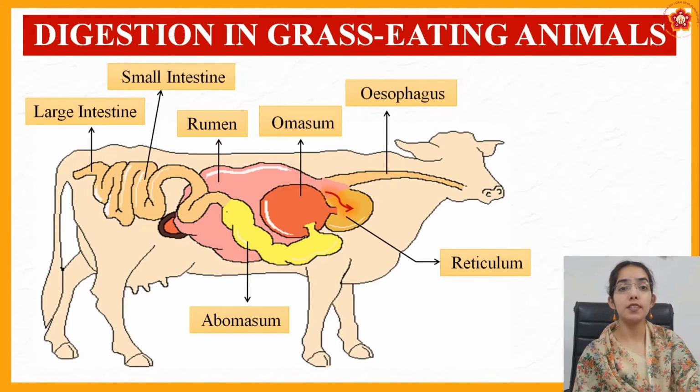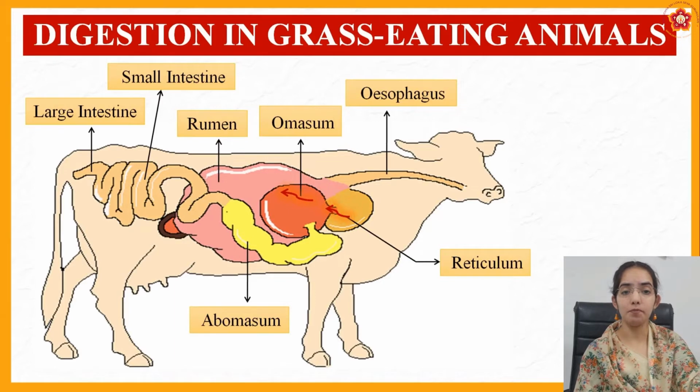Now it goes into the second chamber, which is called reticulum. From reticulum, it will go into the third chamber, the omasum. From omasum, it will go to the fourth chamber, which is the abomasum. This is how digestion takes place in grass-eating animals like cow.